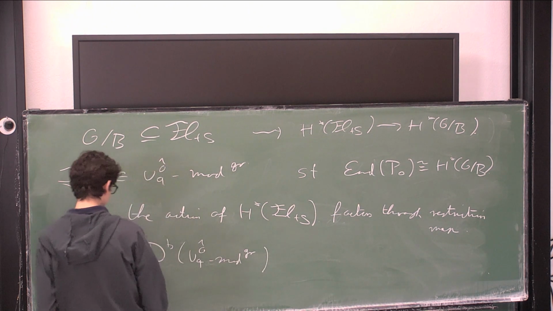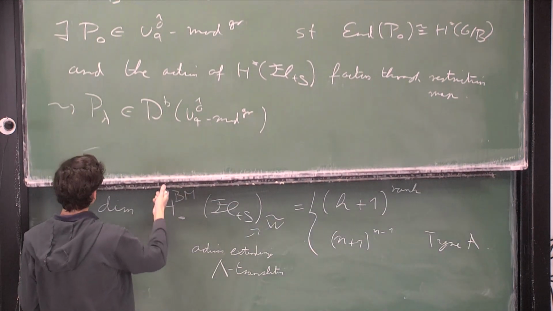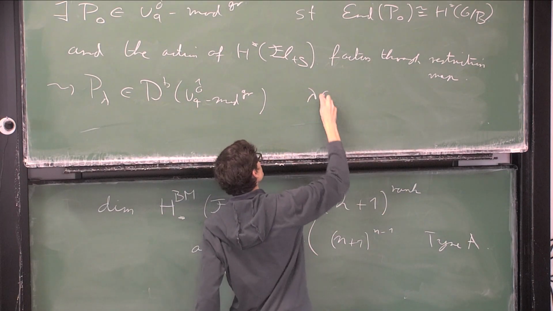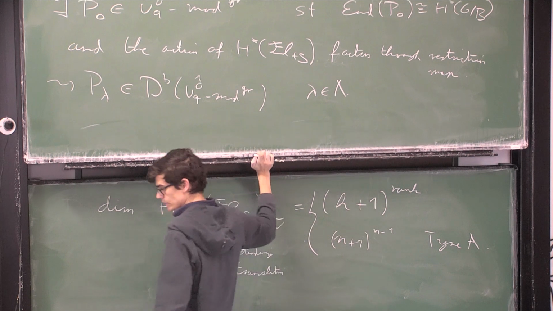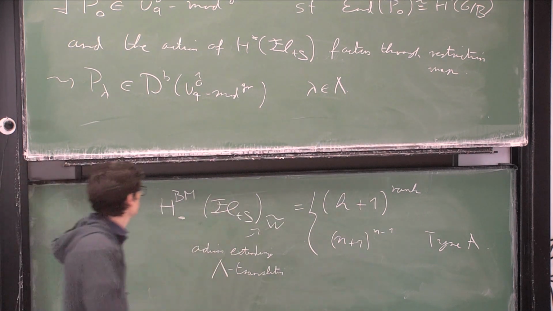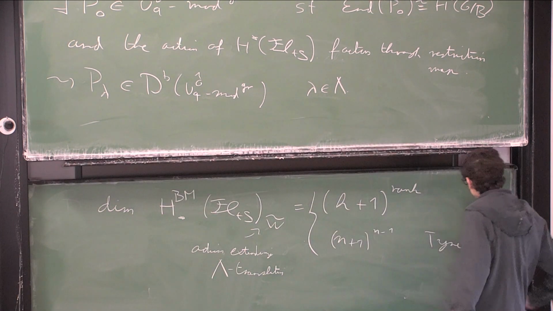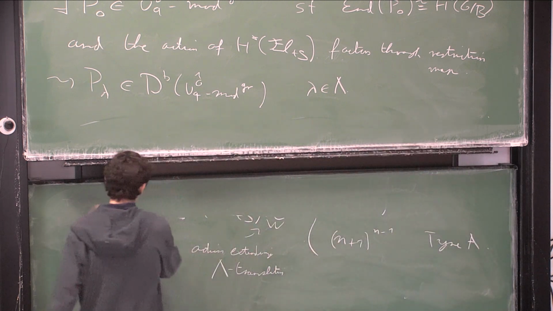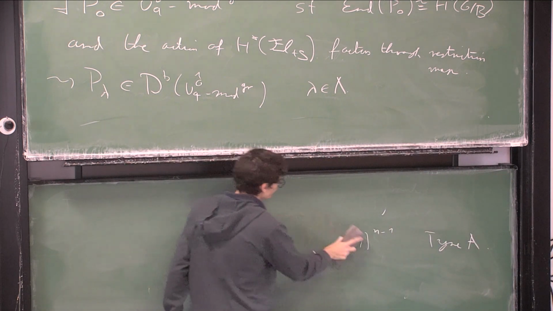These are all complexes for lambda. And the upshot of this is that we get some object where the action of the center can be proven to be faithful.